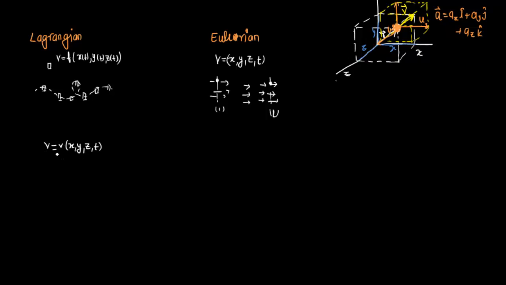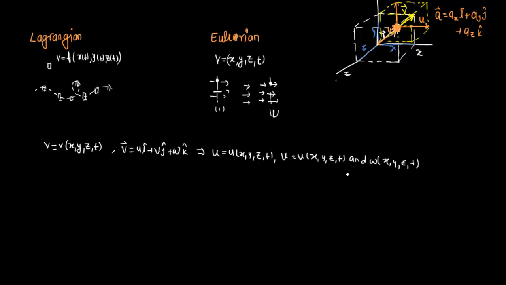So if velocity is a function of x, y, z and t, and we write v equals ui plus vj plus wk, then u is also a function of x, y, z and t. Similarly v is also a function of x, y, z and t, and w is a function of x, y, z and t here.